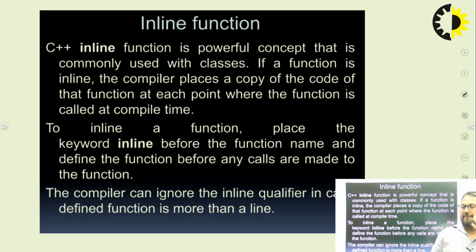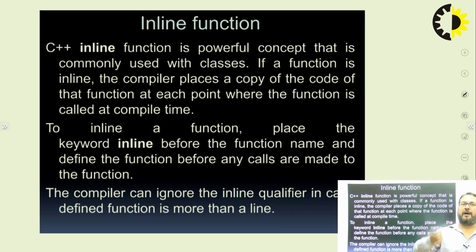See, what is the nature of a function? When a function gets executed, it takes a considerable amount of time. Once you call the function, the control jumps to the definition, which takes some time. It evaluates the argument and the parameter, which are evaluated on the stack.